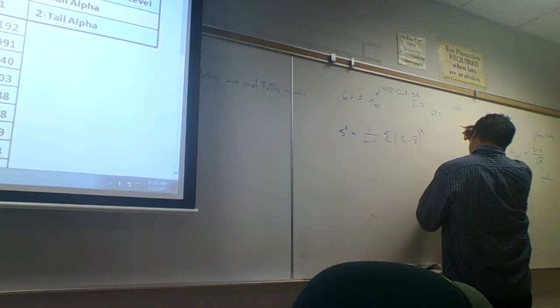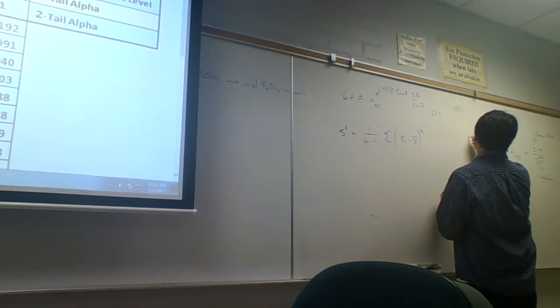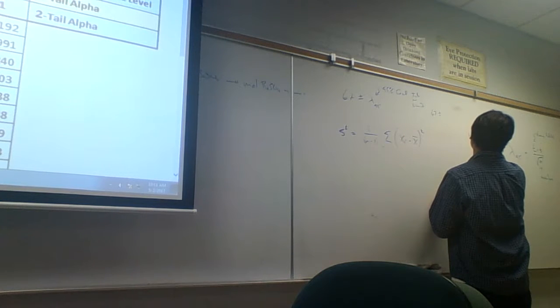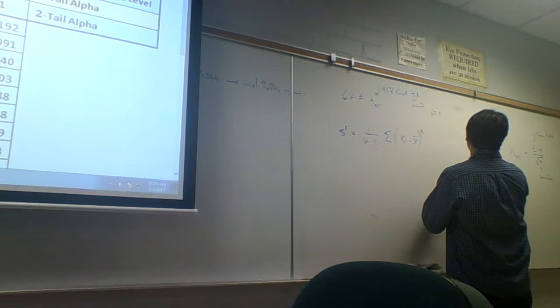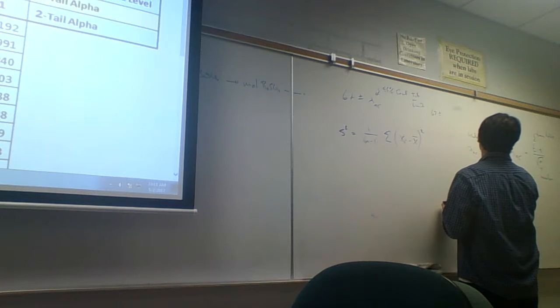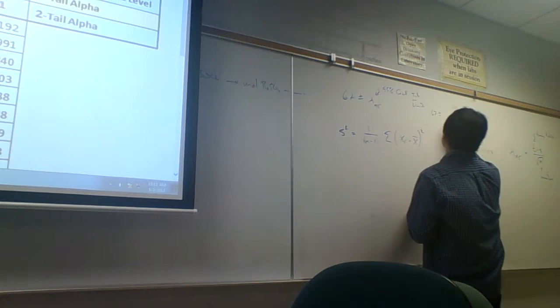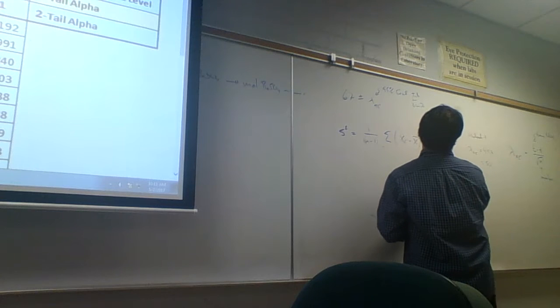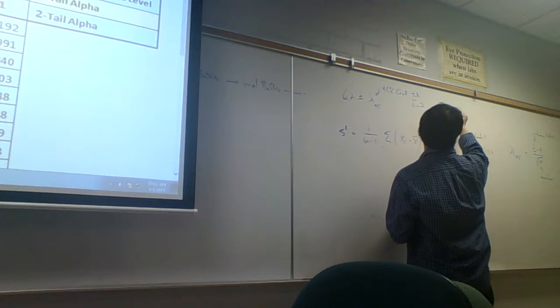So student 1, lambda 95, 49.7, so roughly 50. Okay, so this is plus or minus 50% sulfate.